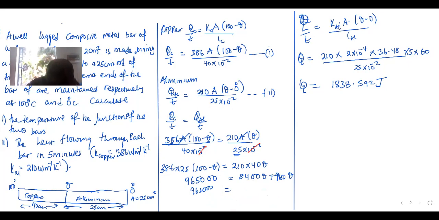Yes. 18,050 theta. Divide by 18,050. When you press the calc, what answer do we get? Yeah, 53.4626. 53.